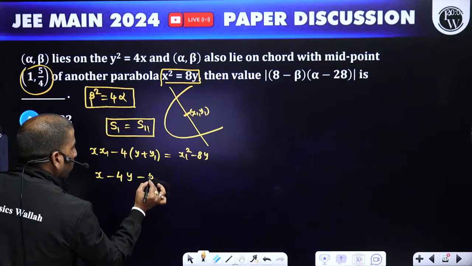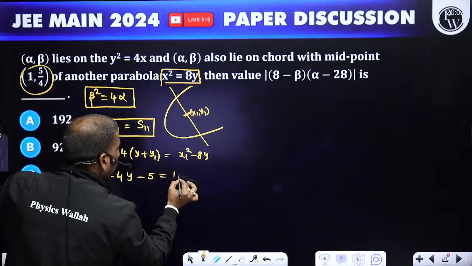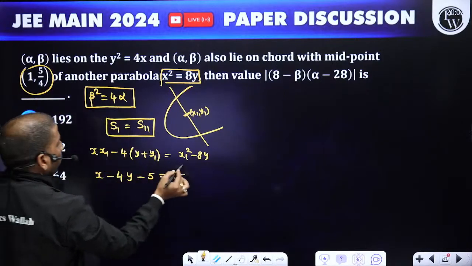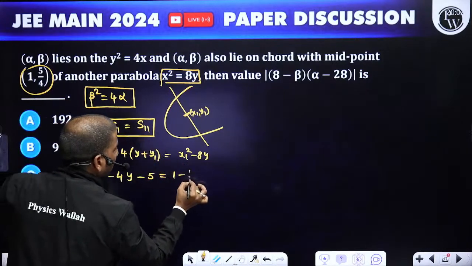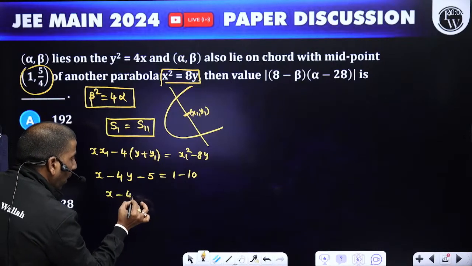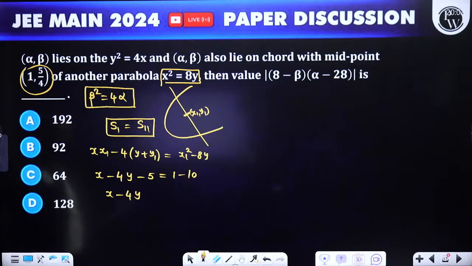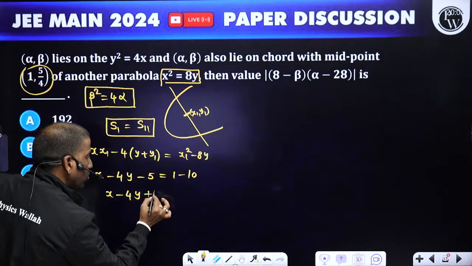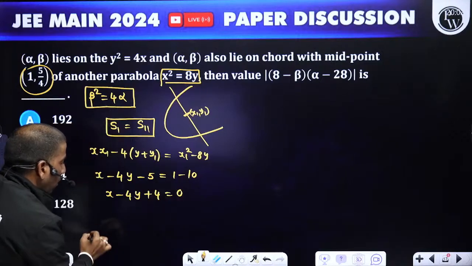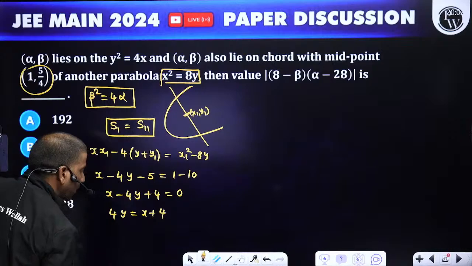So that will become, 4 got cancelled, 5 only. x1 square is 1, 1 minus 8 times y1. So 8 times y1 means that is a 10 only. So x minus 4y is equal to minus 9, so plus 4 is equal to 0. Meaning 4y is equal to x plus 4. That's what I am writing.